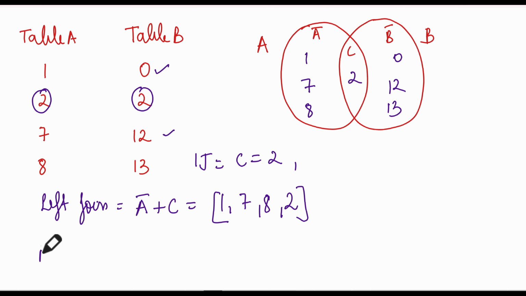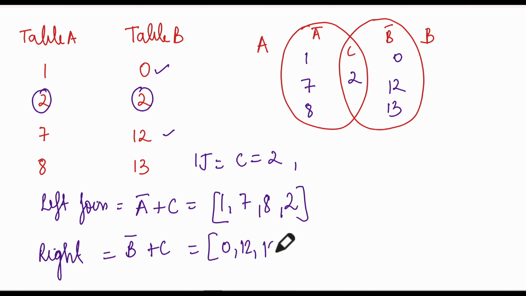Now can you tell me what is right join? Right join will be equal to B hat, that is the part which belongs to B but does not belong to A, plus the common part, which is 0, 12, 13 and 2. And now comes the last part, that is the full join.